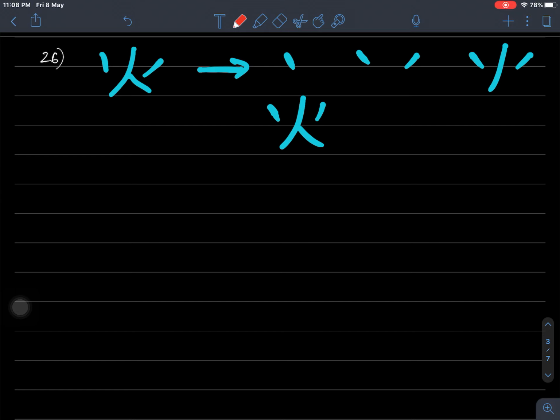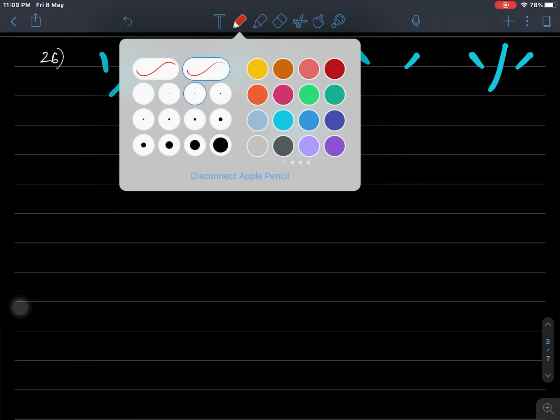Now this is one more kanji which we had done in the introduction video. So I will quickly cover the mnemonic and see if you can remember. So let's imagine, I hope it looks like fire, or maybe let me redo that with more colors.